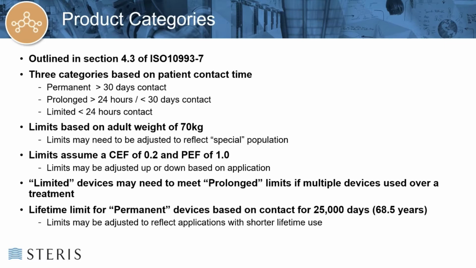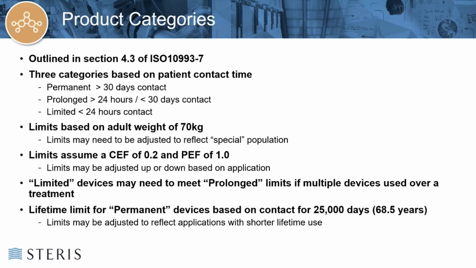There are three product patient contact categories designated in Section 4.3 of ISO 10993-7. They are permanent, prolonged, and limited. The limits for these categories are based on a 70 kilogram adult, a CEF of 0.2, and a PEF of 1.0.